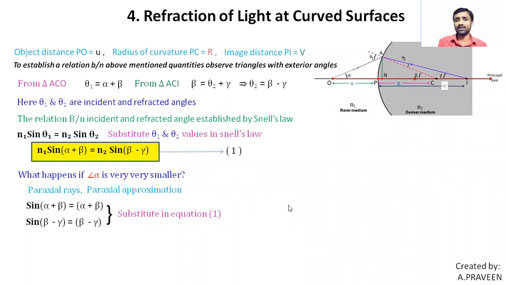So what I can write here: n1 sin of alpha plus beta will be written as alpha plus beta, equal to n2 into sin of beta minus gamma, which will be written as beta minus gamma. Expanding, n1 alpha plus n1 beta is equal to n2 beta minus n2 gamma. Solved.